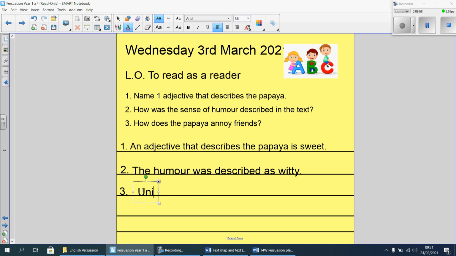Oh, I need to write a sentence. I need to put my answer into a sentence. So how does the papaya annoy friends? The papaya annoys friends with its annoying shriek. Full stop. Okay, so I've answered the questions in full sentences.